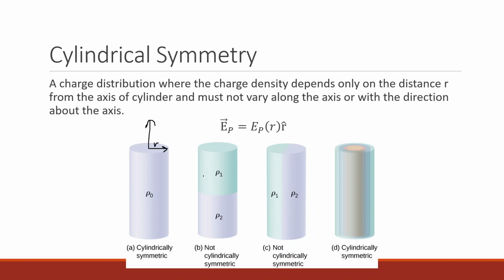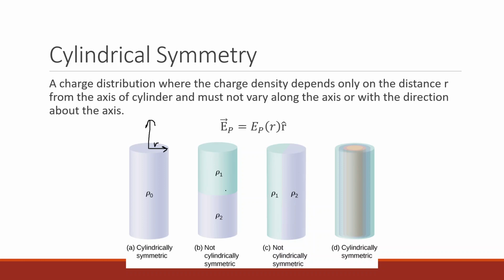So let's look at some examples. We have one that is cylindrically symmetric, which has a charge distribution that is the same throughout. These next two are not cylindrically symmetric because they have that same sort of thing as when we were looking at the spherical symmetry, where we had two different areas that were not the same charge distribution.